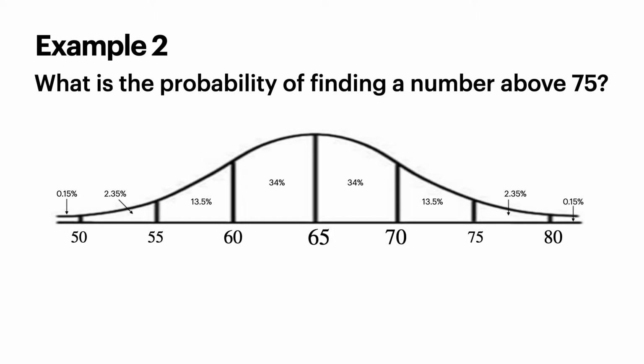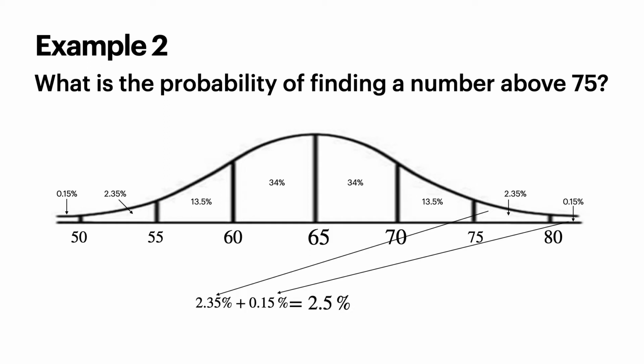So that'd be like 2.35 plus 0.15%. We have to add those together. Arrows to show you where that came from. And that would be 2.5%. Okay, so once you have your normal distribution curve filled out, it's very easy to find the probabilities.